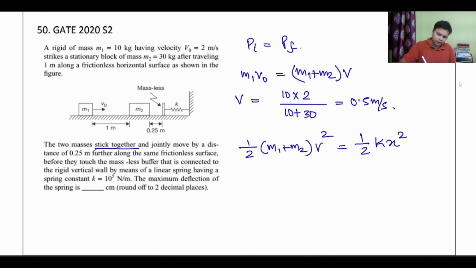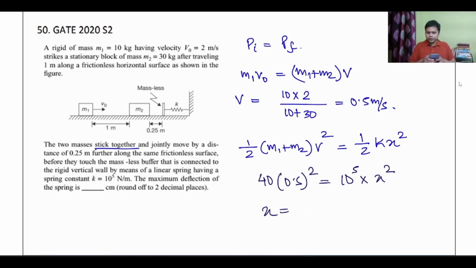So let me write down the values. Half will get cancelled out. 40 into 0.5 whole square is equal to k, the value of k is given as 10 to the power 5, multiplied by x square. So the value of x you can find out from here.